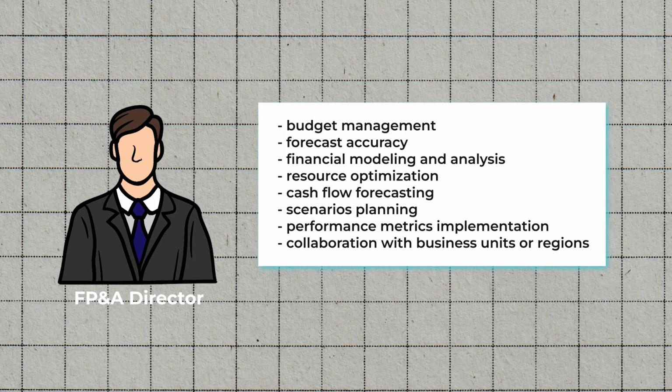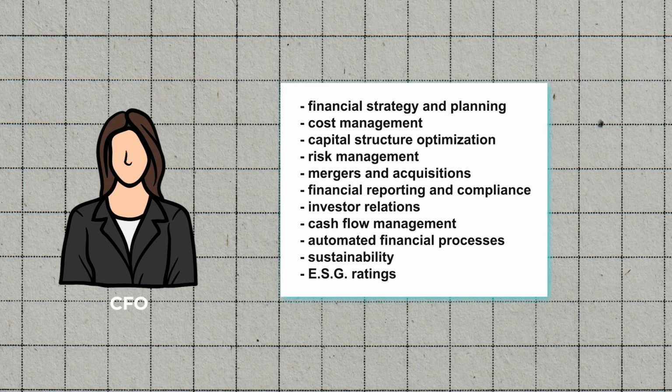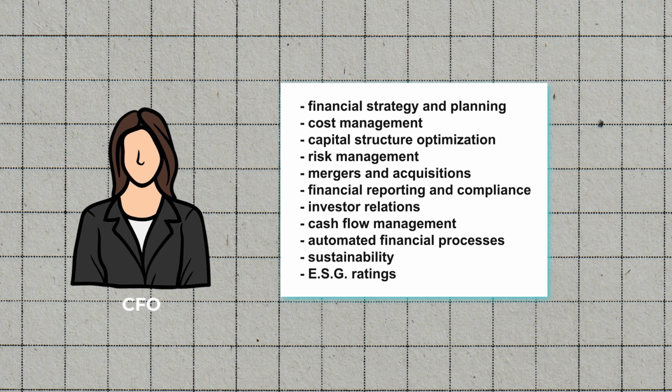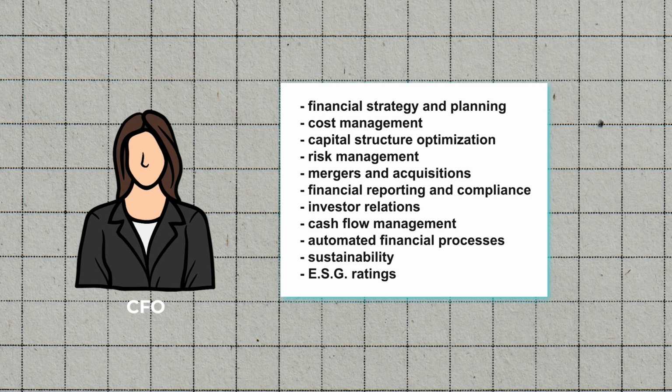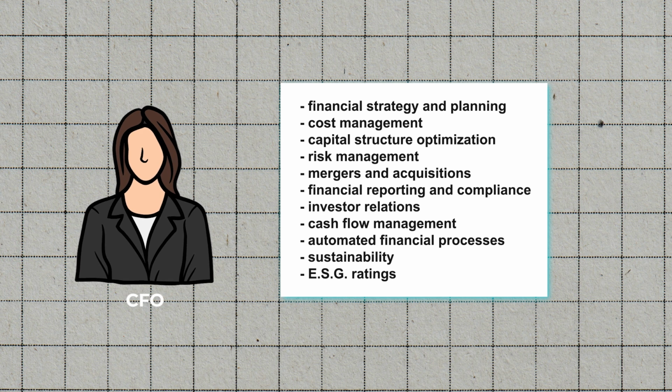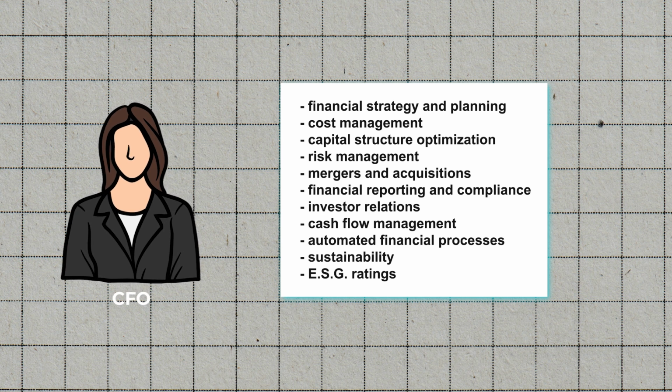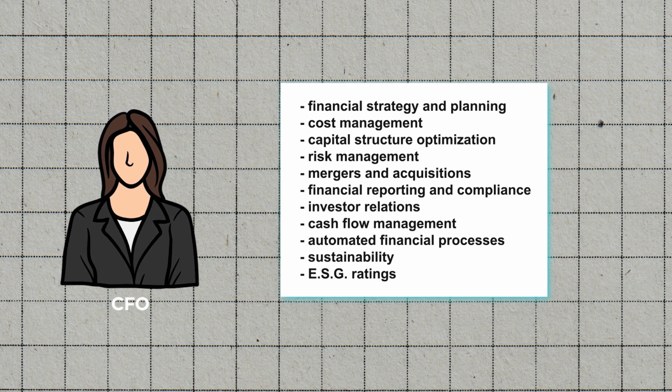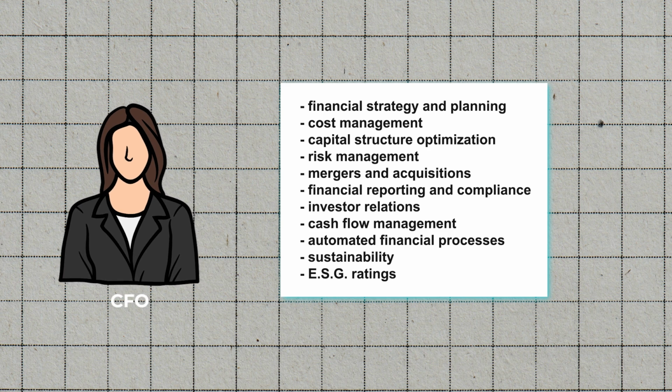The wider scope and impact are reflected in the CFO version of the resume, not only including financial strategy and planning and cost management, but also capital structure optimization, risk management, mergers and acquisitions, financial reporting and compliance, investor relations, cash flow management, automated financial processes, sustainability, and ESG ratings.